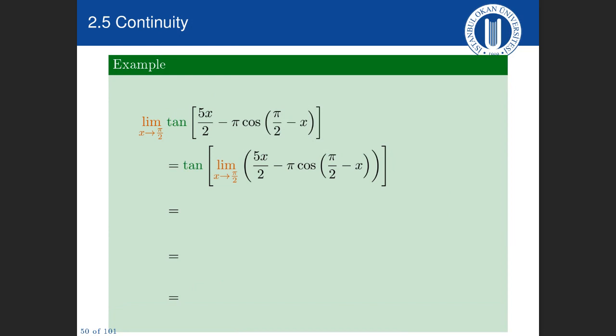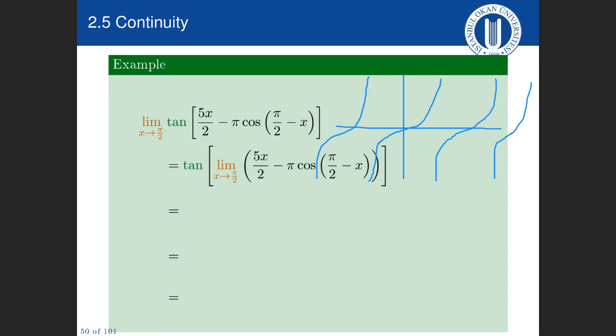One more example. The limit as x tends to pi over 2 of tan of 5x over 2 minus pi, cos of pi over 2 minus x. Now, tan, if you think about the graph of tan, it looks something like this. It does have some discontinuities, but it's continuous everywhere else. So as long as we're not at one of these discontinuities, then we can consider it to be a continuous function.